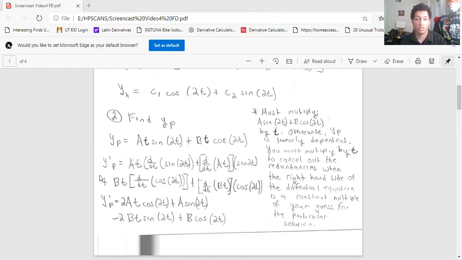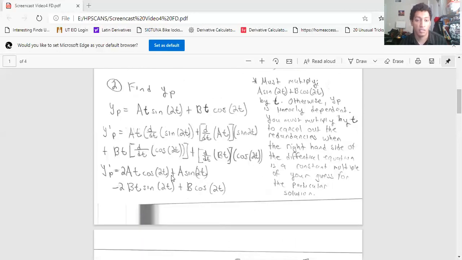So you take the first derivative using the product rule, and I did the chain rule in my head, as you can see, for example the derivative of sine of 2t and cosine of 2t. I didn't put it on paper.